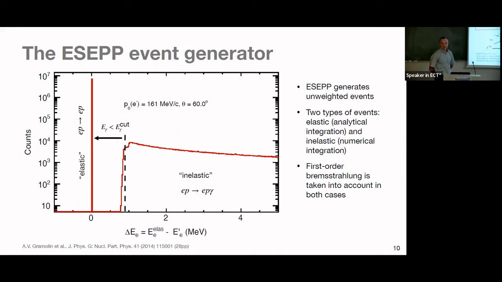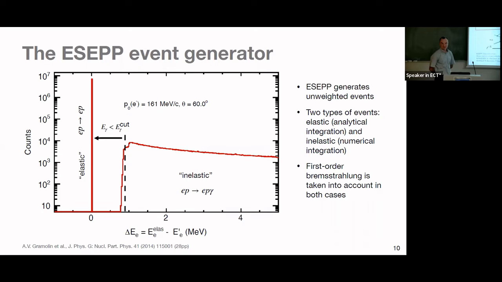I show here an example of an event distribution of a result from the ESEPP event generator at the MUSE kinematics. For most of what I'm showing here, I'm just choosing the central kinematic setting, 161 MeV/c momentum, and a lepton scattering angle of about 60 degrees. There are two classes of events this event generator gives us.